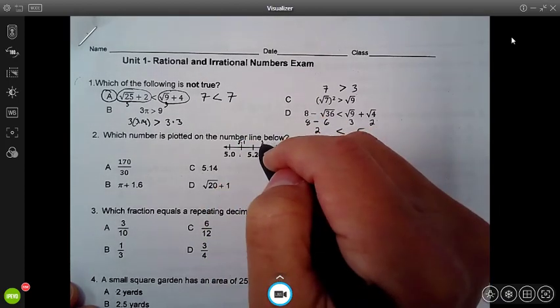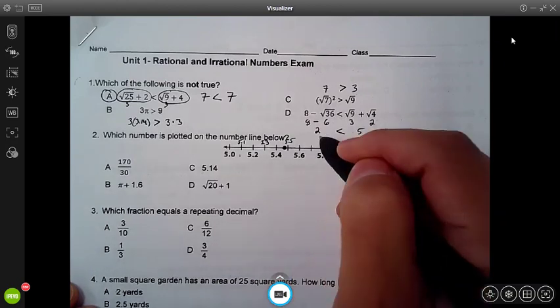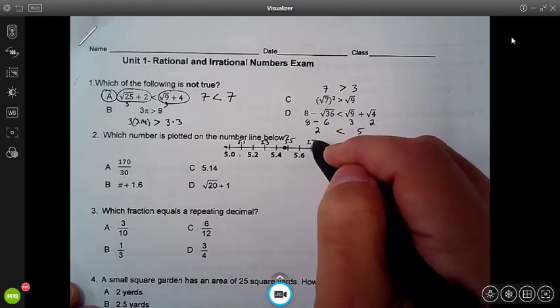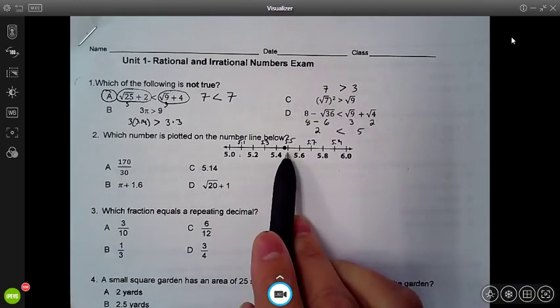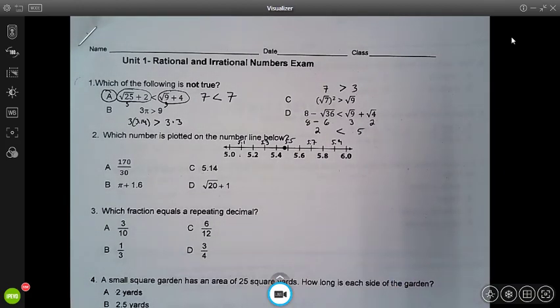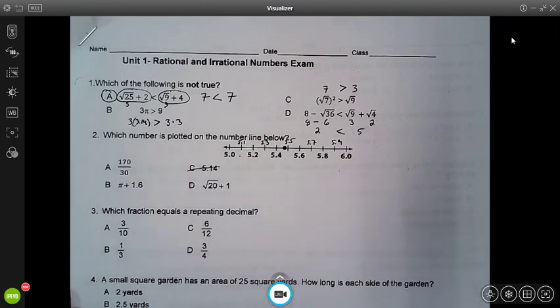It's 5.4. 5.5, 5.6, 5.7, 5.8, 5.9. So you know it's between 5.4 and 5.5. So it's 5.4 something. Okay, so we know it's not C. C is 5.1.